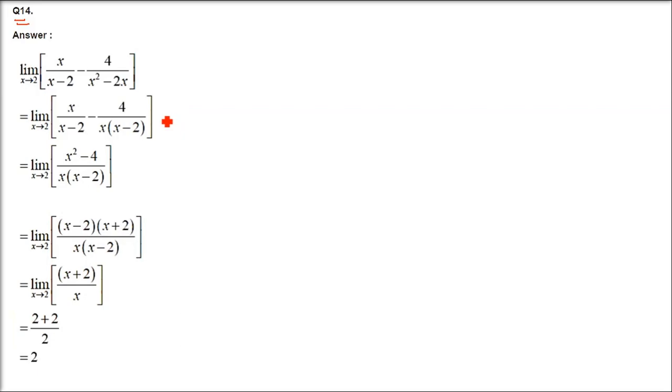So see here, x square minus 2x, we know that if you take x common, it's going to be x into x minus 2. So if you have x minus 2, and you have minus 4 by x square minus 2x, let me take x common.